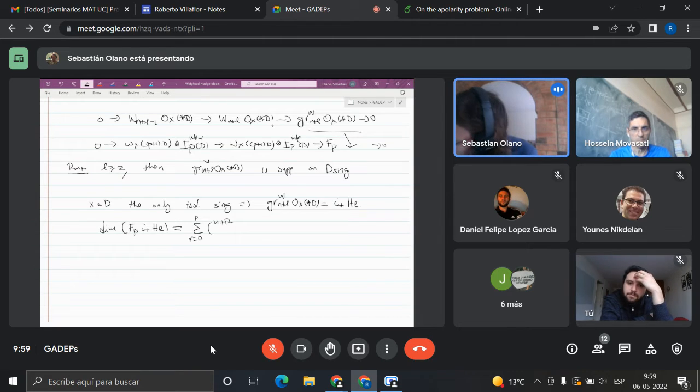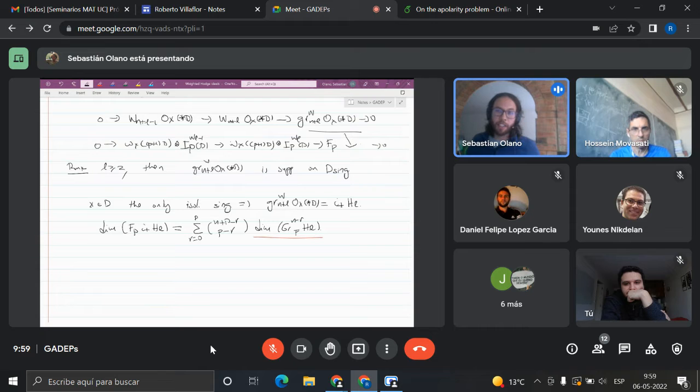All I want to conclude from this is that if you want to compute these dimensions, what you actually care about is this piece. If you know each of the dimensions of the Gr pieces of these pure Hodge structures, you obtain all of these things. So instead of computing the dimension, the result I'm going to give is how to compute these dimensions of the Hodge pieces of these pure Hodge structures.